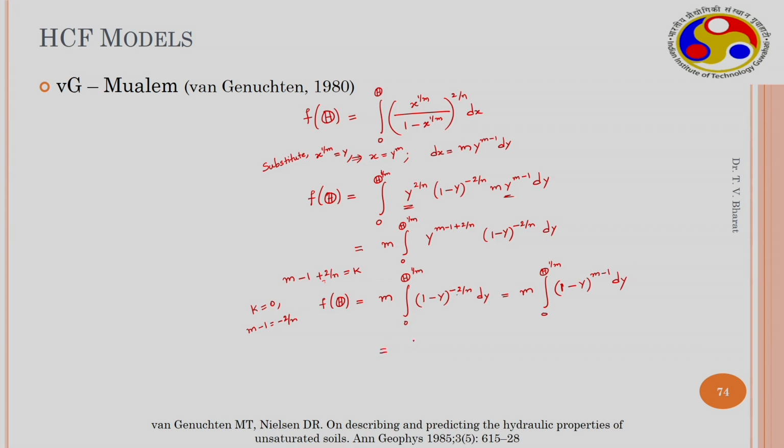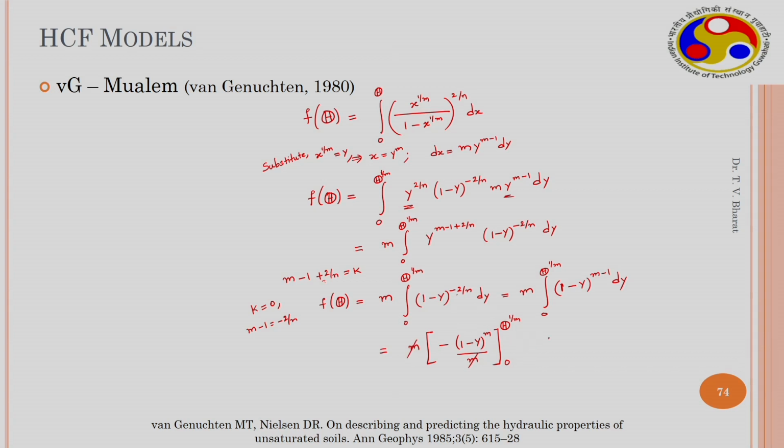So, the integration is m times, for 1 minus y power m minus 1, the integral is minus 1 minus y power m divided by m. The limits are from 0 to capital Theta power 1 by m.